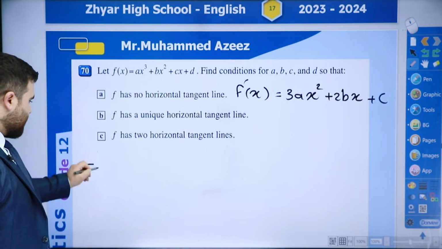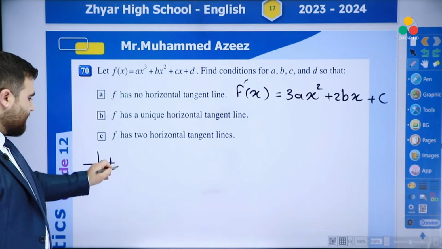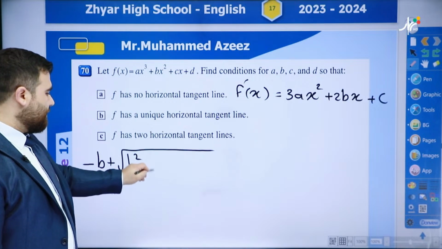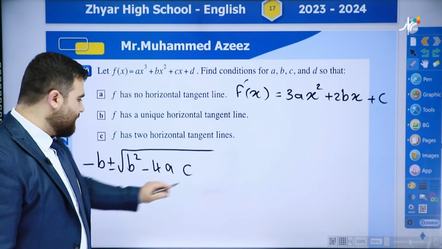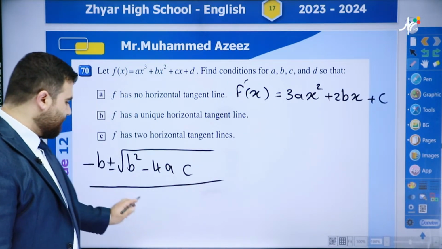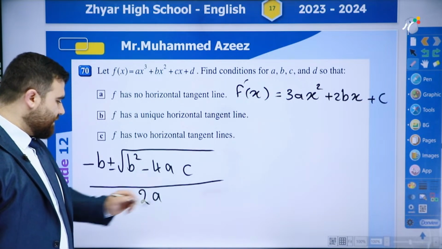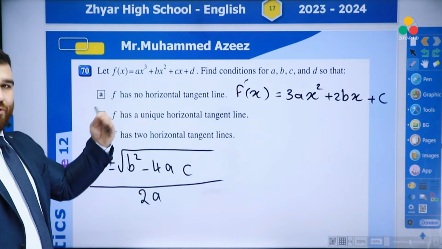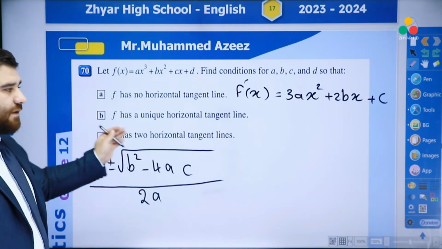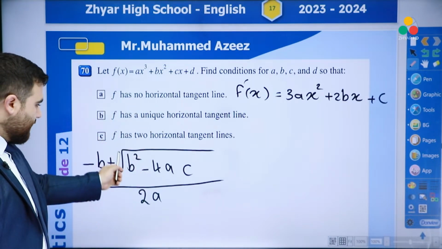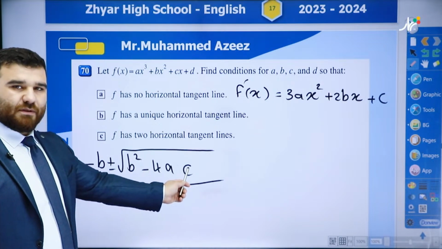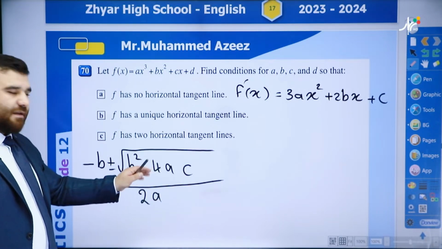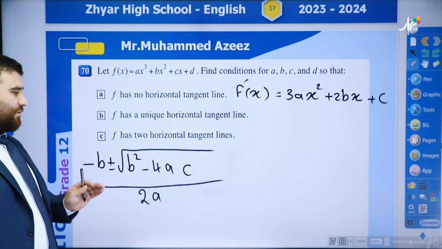The quadratic formula is negative b plus or minus the square root of b squared minus 4ac, over 2a. But in order to decide if a quadratic has a solution or not, we don't use the entire quadratic formula. We use only this part under the root. This part is called the discriminant. If the discriminant is less than 0, then it has no solution.